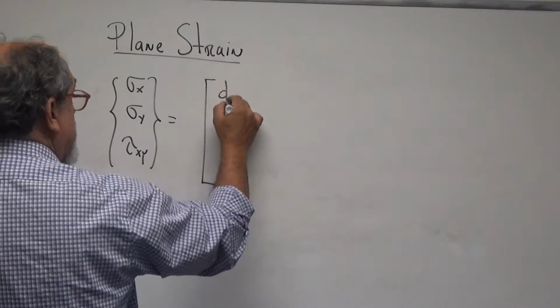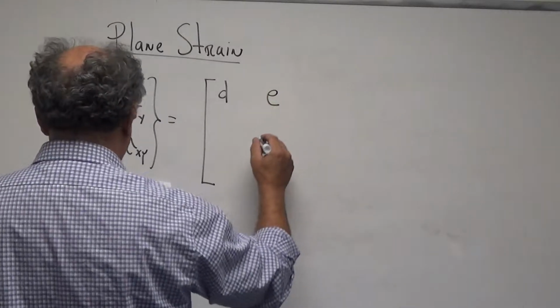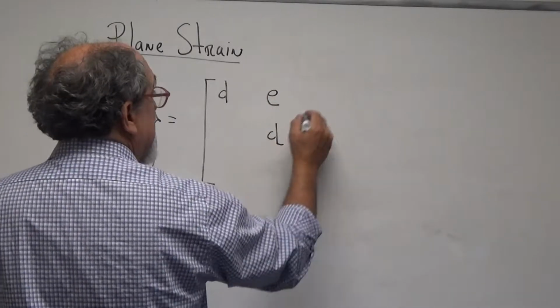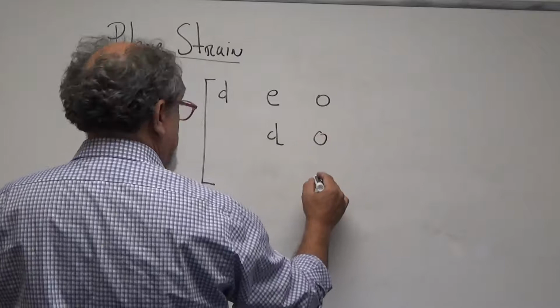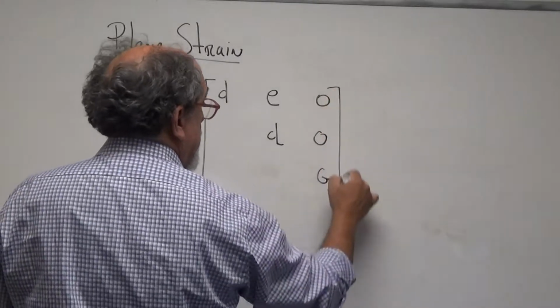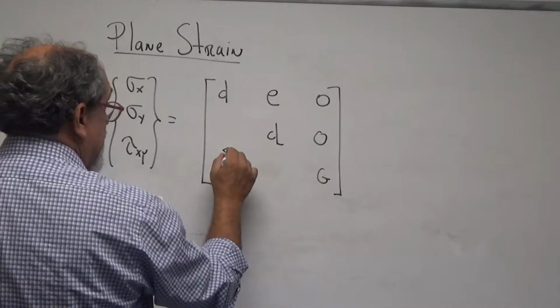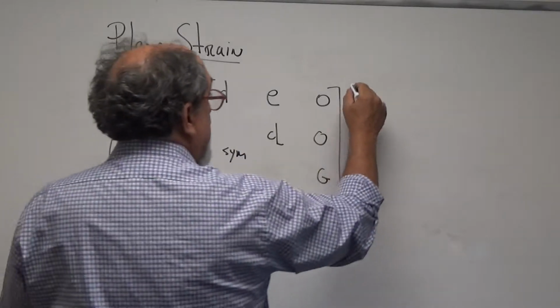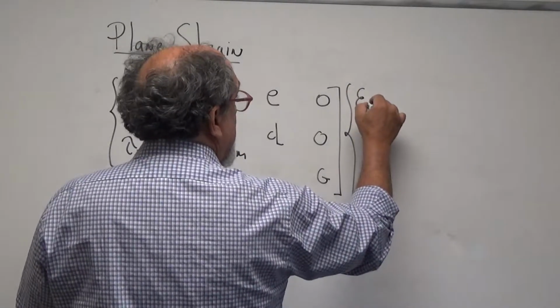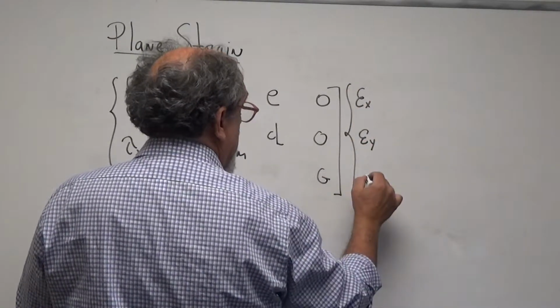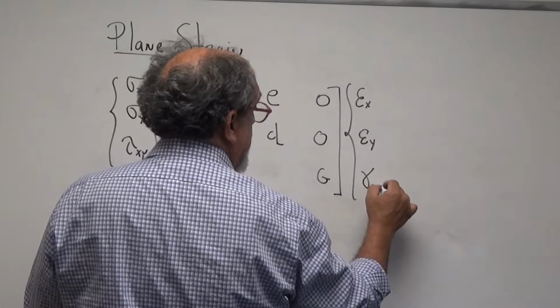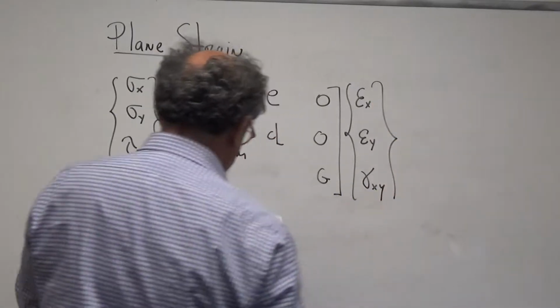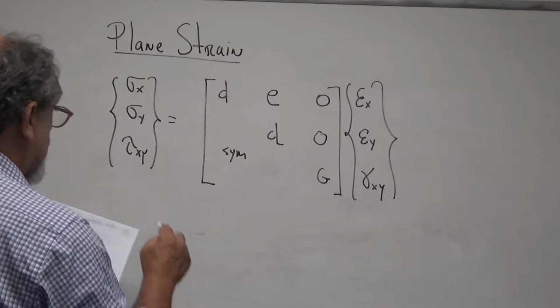I tried not to repeat my constants here, so I have D, E, D, 0, 0, and G. That's symmetrical, of course. And then this here is epsilon x, epsilon y, and gamma xy. So if the situation is plane strain, this is the relation.